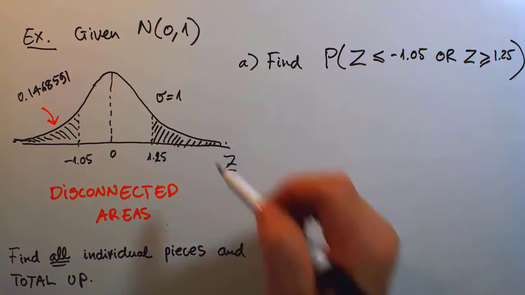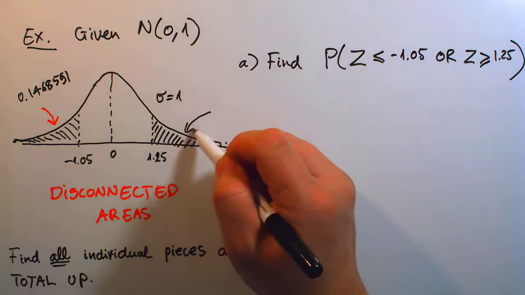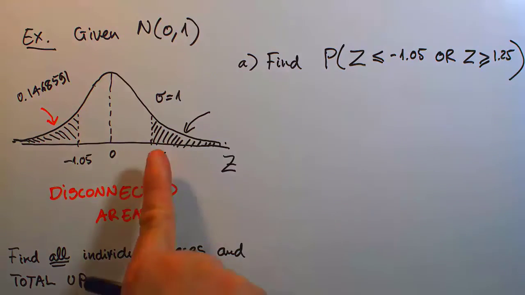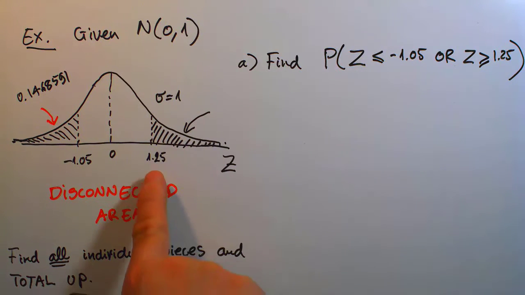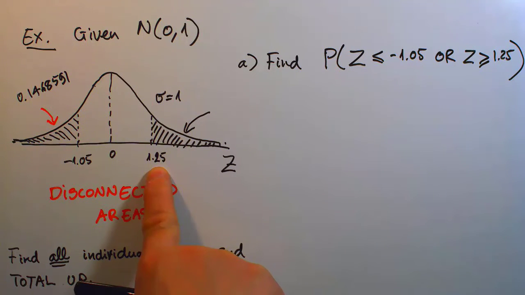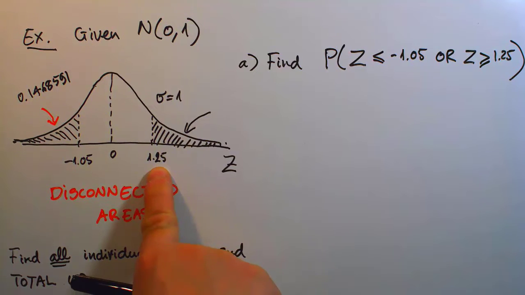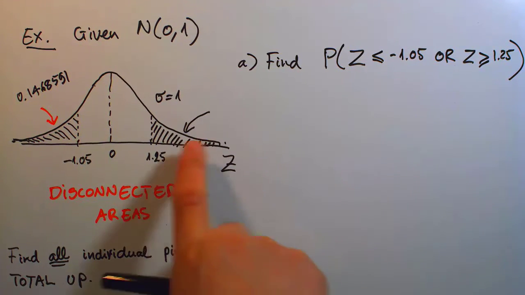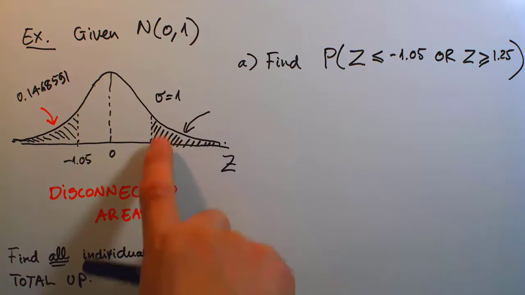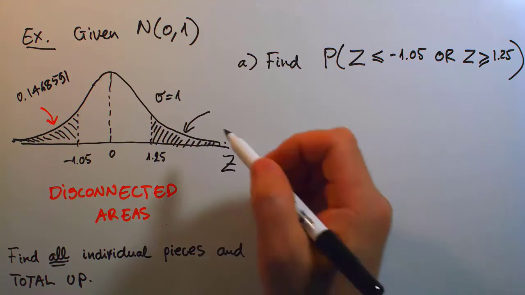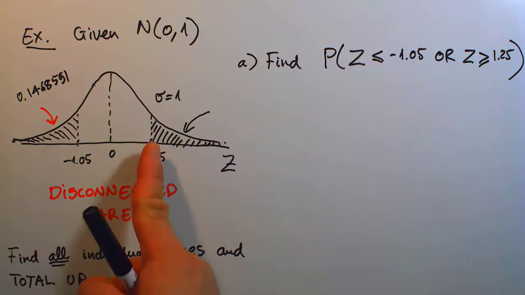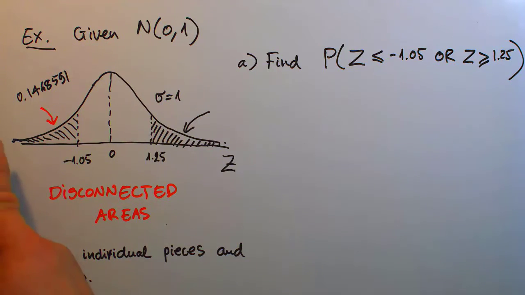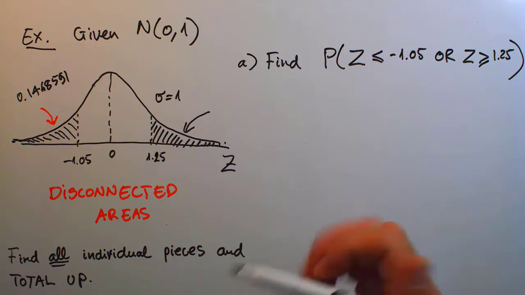And then this area appears to be to the right-hand side of this given z-score here, and we already had examples showing how to find the area to the right-hand side of a given z-score. What we do here is simply once again find the area cumulatively to the left of 1.25, but subtract that area from 1.